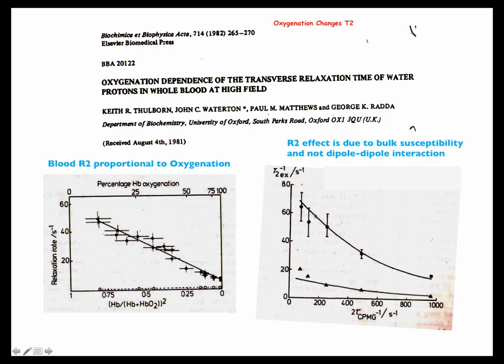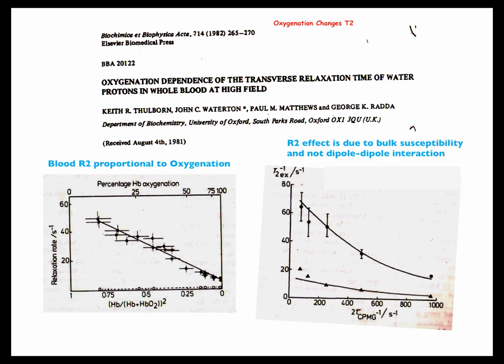One thing he did also show, and this is a little bit more of an esoteric side, is that if you have a change in T2, it could be for a number of reasons. It could be direct what's called dipole-dipole interaction. It's more of a microscopic sort of interaction that may or may not be due to bulk susceptibility effects.